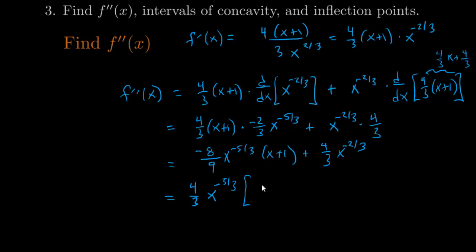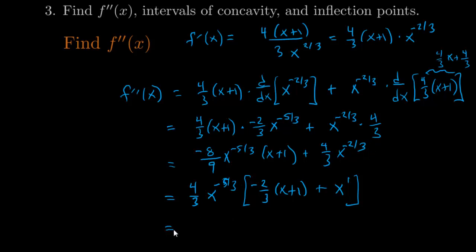Now what's left over? Well, in this case, it's going to be a negative 2/3 x plus 1. And then over here, I pulled out the 4/3 and the x to the negative, actually I pulled out an x to the negative 5/3. So that means there is some x left over, and it's actually just going to be 1. Because if you were to add these two together, negative 5/3 plus 1 is negative 2/3.